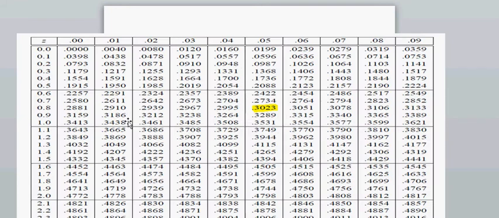In the normal distribution table, 0.8 is a value, it is the intersection of 0.8 and 0.05. When you add 0.8 and 0.05, you get 0.85. That means the intersection value is the required area value, which is 0.3023.